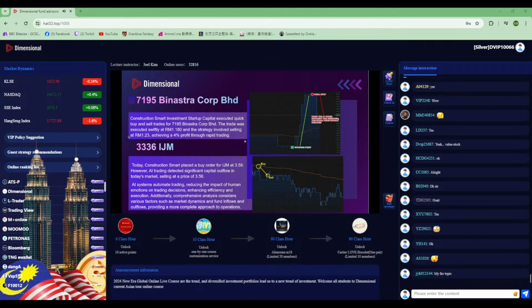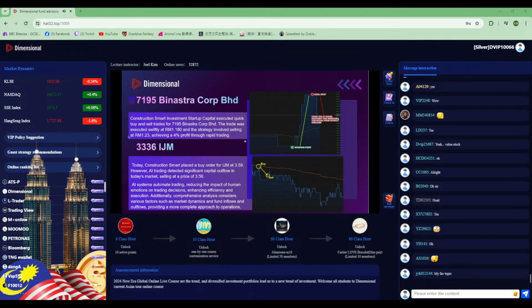And here in the AI trading, we offer three distinct options, varying in strategy execution time, expected returns, and investment amounts. Okay, let me give you an example.